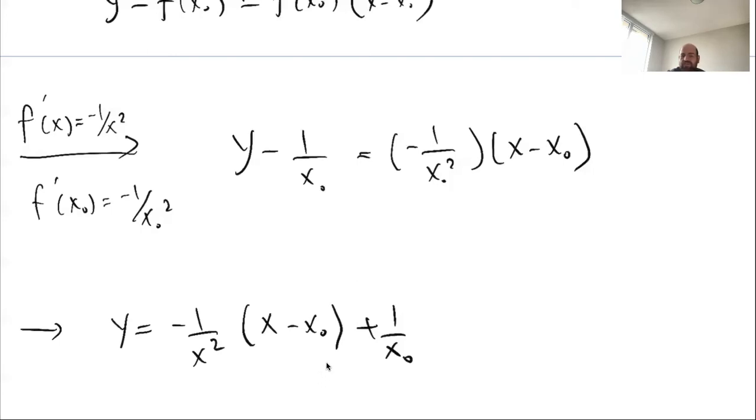That's not the equation of a line. So that's the way you can check your answer. The equation of a line has to be a constant times x plus another constant, and x0 is a constant here.